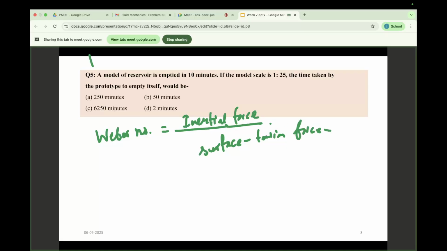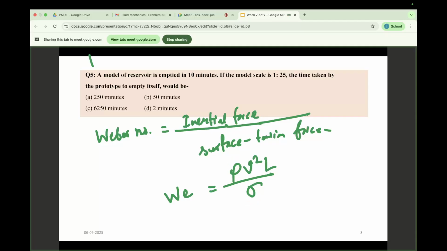So that is the concept. And finally, the equation that you have to study is rho V L square by sigma. That is the thing. So if the Weber number is small, what does that indicate? This indicates that sigma is more. That means surface tension is large. So if the Weber number is large, that means inertia is more. That means surface tension is less.